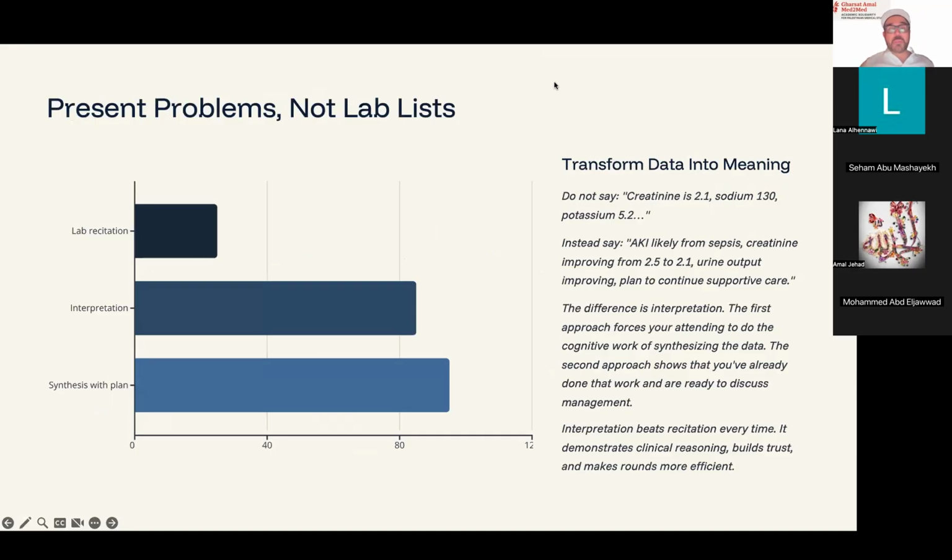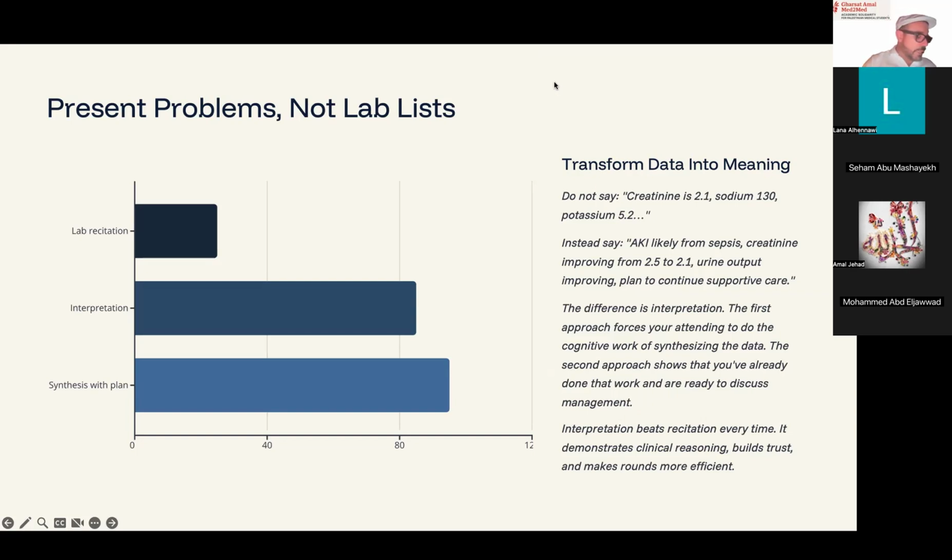And nothing makes me think you do not know what you're talking about more than just you listing the labs. If you just start listing the labs for me, then you are just acting as a messenger. I'm sorry, I do not need a recorder that I can replay again and again. You are not a messenger. You are a future doctor with a brain, with knowledge.